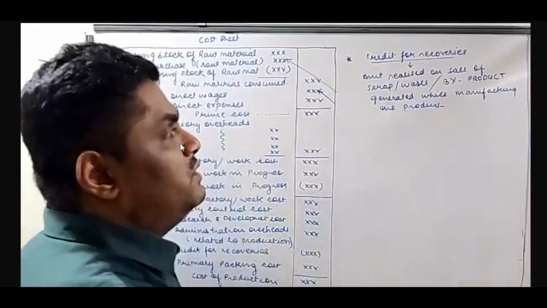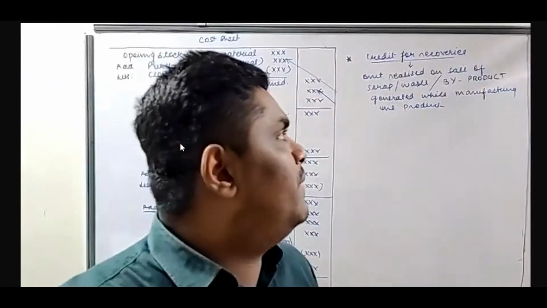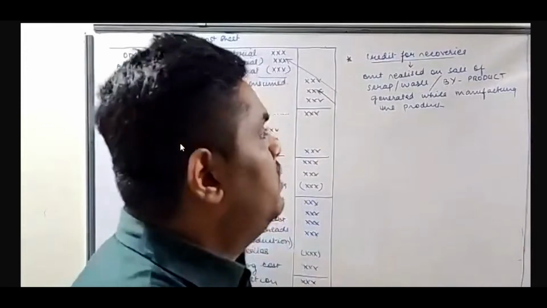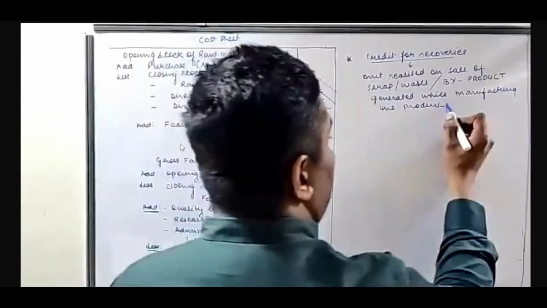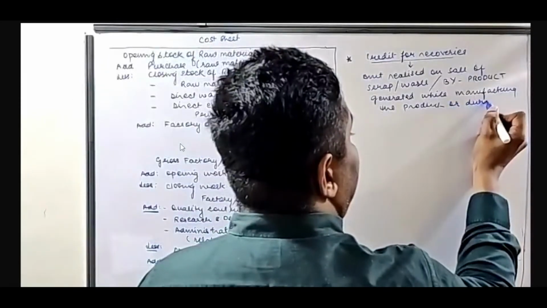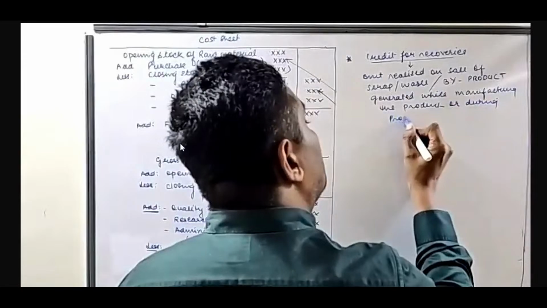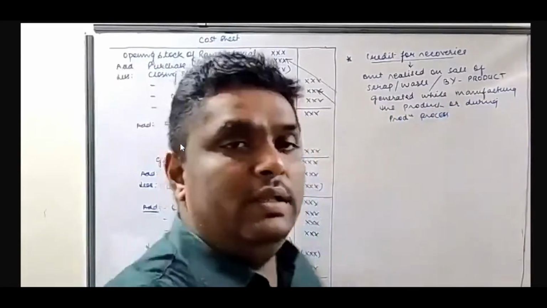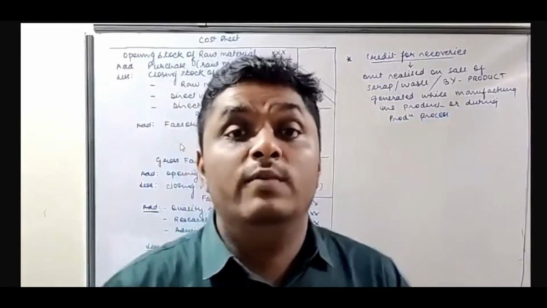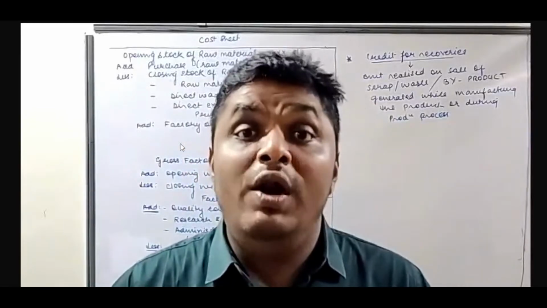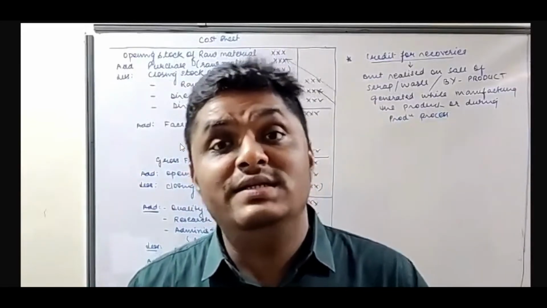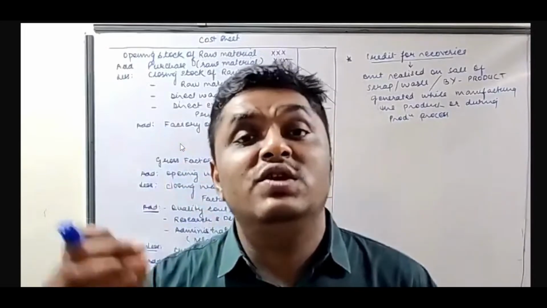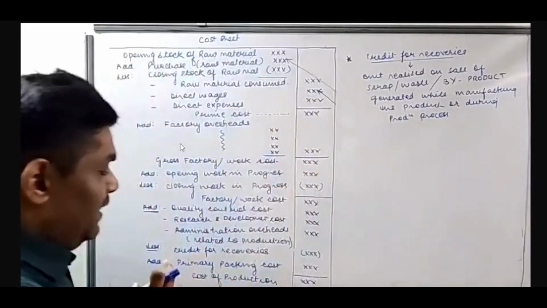So amount realized on sale of scrap or waste or byproduct generated while manufacturing the product, or during the production process, let's say during the manufacturing of sugar from sugarcane. Molasses is generated, and this molasses is a marketable product. We can sell it in the market. So amount realized on sale of molasses will be deducted here.